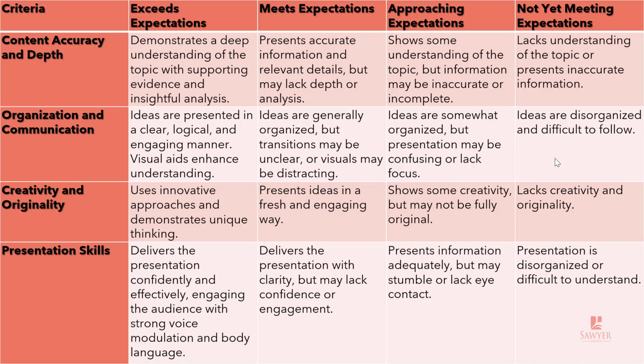So if we divided it by like 25% for each one, where a 4 would be 100 and meets expectations would be a 75, approaching expectations would be a 50. I wouldn't recommend that, but I'm just saying for the sake of this, then the not meeting expectations would be no lower than a 25.